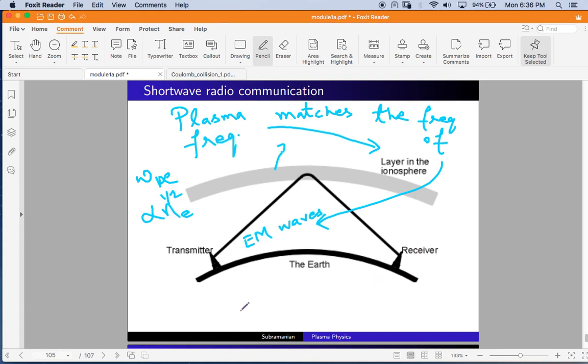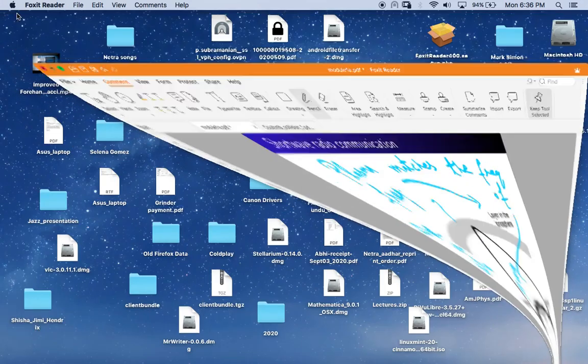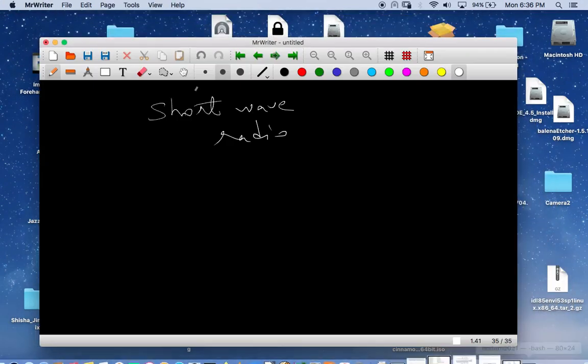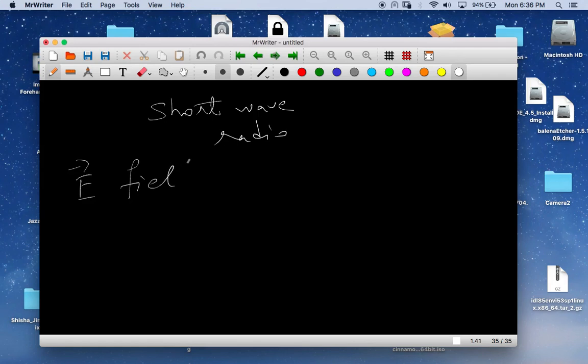Why is that? Well, the electromagnetic wave has electric fields, right? And what happens is the electric fields are shorted, so to speak, by plasma oscillations.